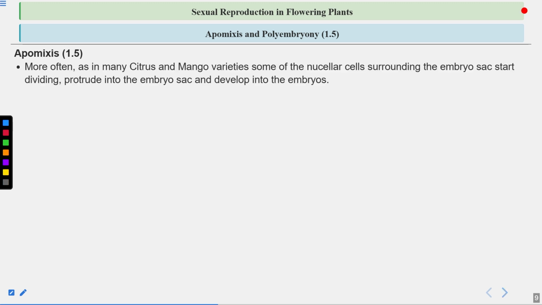More often, in many citrus and mango varieties, some of the nucellar cells surrounding the embryo sac start dividing, protrude into the embryo sac and develop into the embryo.